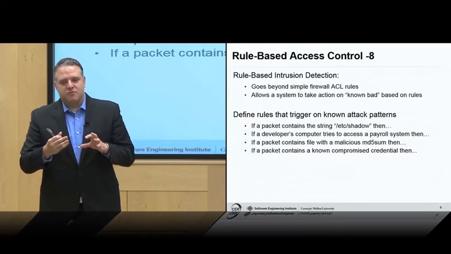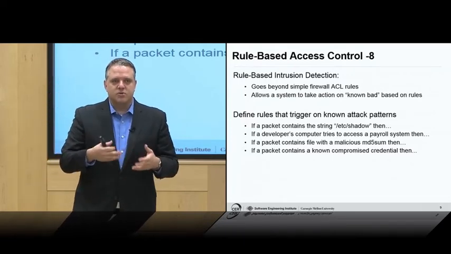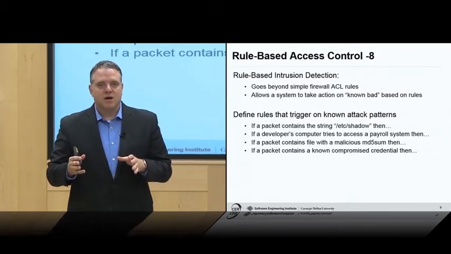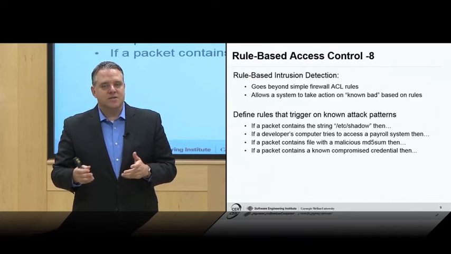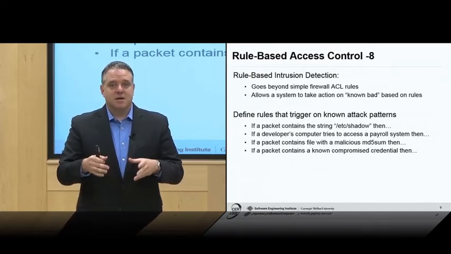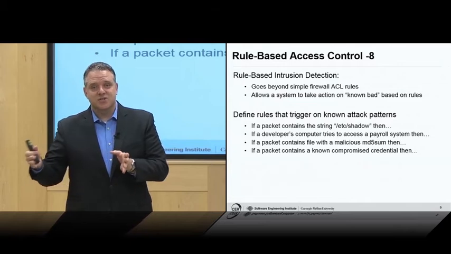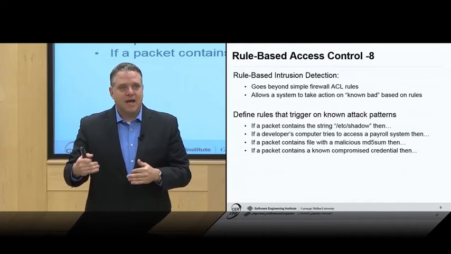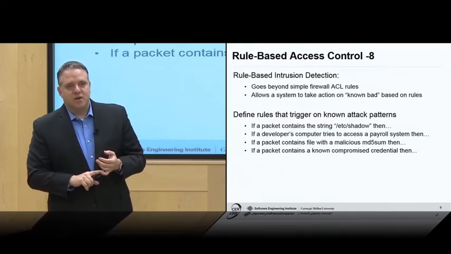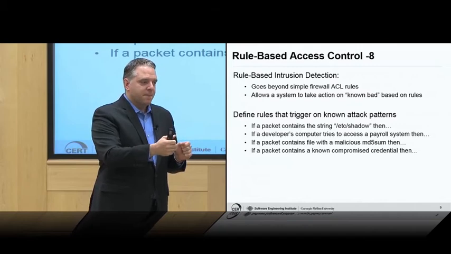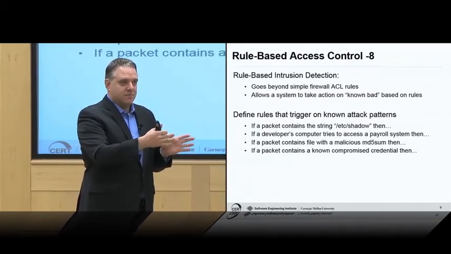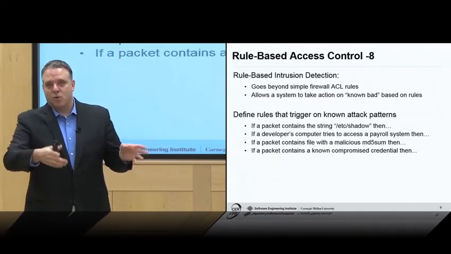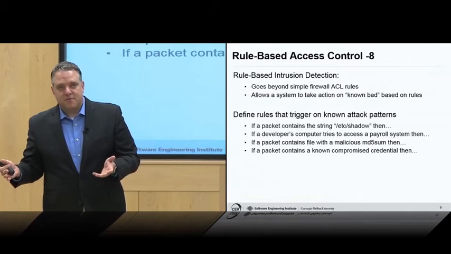This becomes very powerful from an intrusion detection or intrusion prevention perspective, where this is going way beyond just simple firewall ACL rules. Now you can allow a system to take an action based on something that's known to be bad, or certain conditions, whatever meets the rules that you've set. You're now allowing the system to take action on that. So you can trigger based on things like, if I'm looking at files and I see the string /etc/shadow go across in that file or in a packet, I can take some type of action.